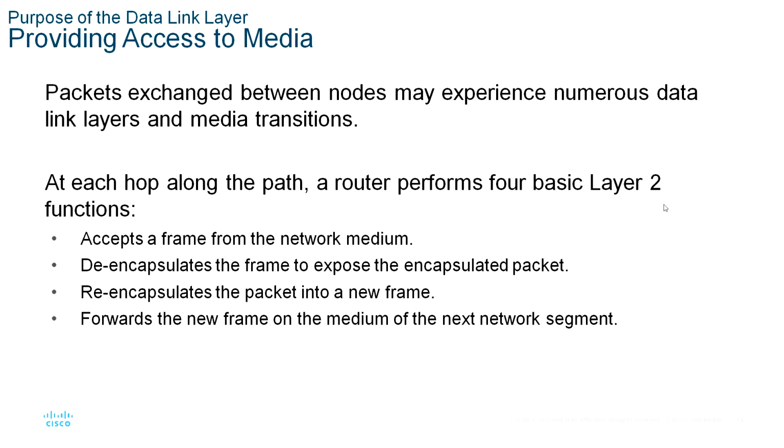At each hop along the path, a router performs the following layer 2 functions: accepts the frame from a medium, de-encapsulates the frame, re-encapsulates the packet into a new frame, and forwards the new frame appropriate to the medium of that segment of the physical network.